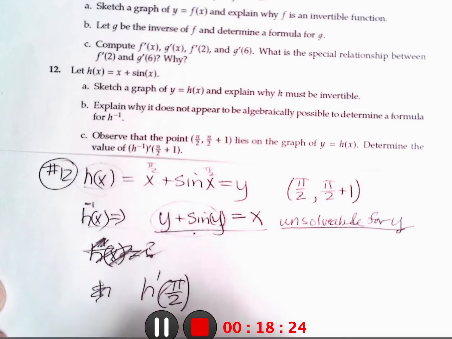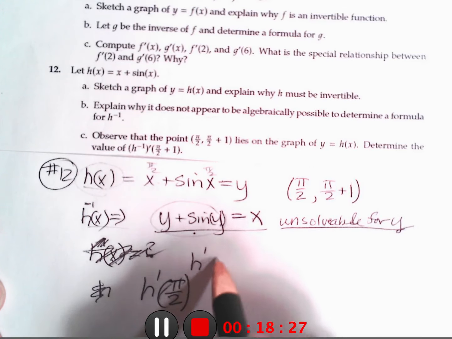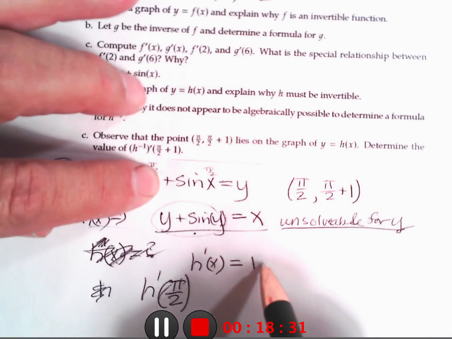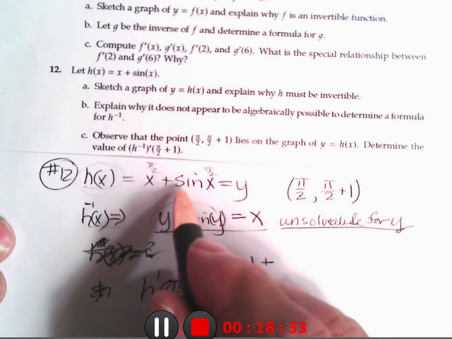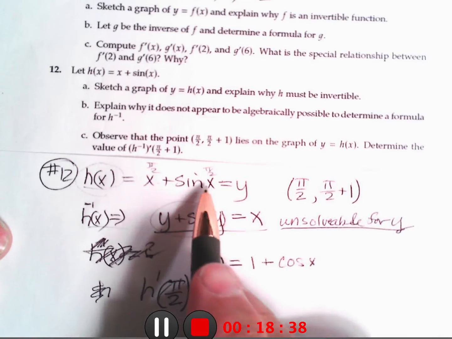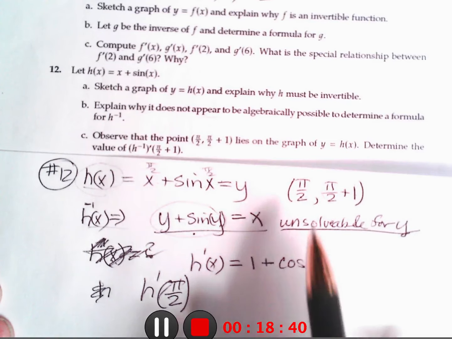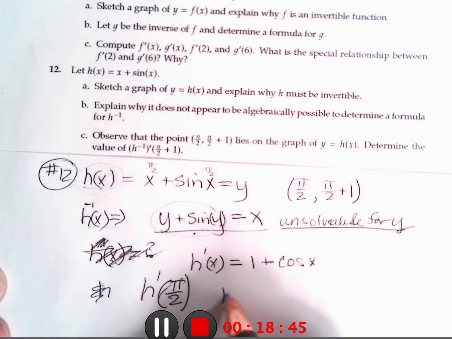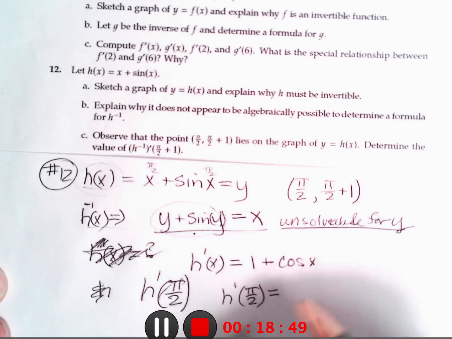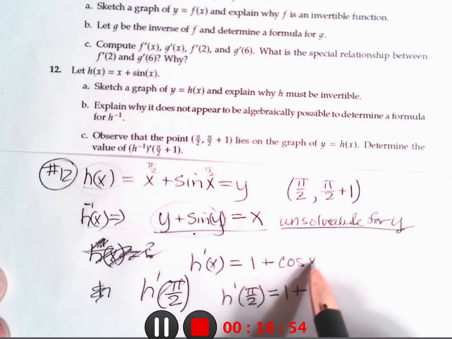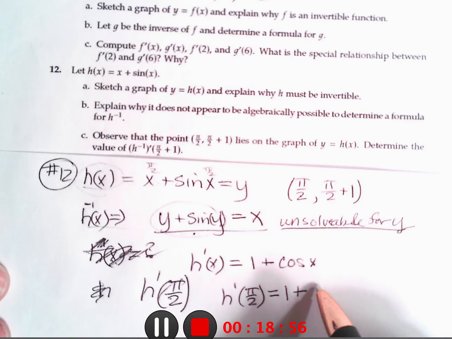Well, h prime of x is the derivative of this, which is 1, plus the derivative of sine, which is cosine of x, times the derivative of the inside, where the derivative of x is 1. So that's it. And we put in pi over 2, and h prime of pi over 2 will be 1 plus cosine of pi over 2, which is 0.